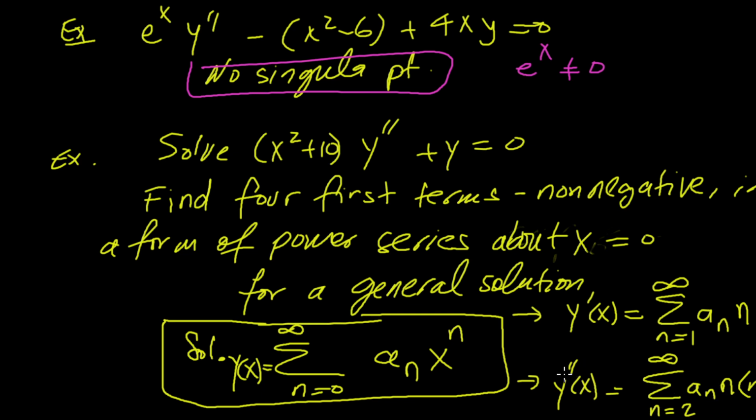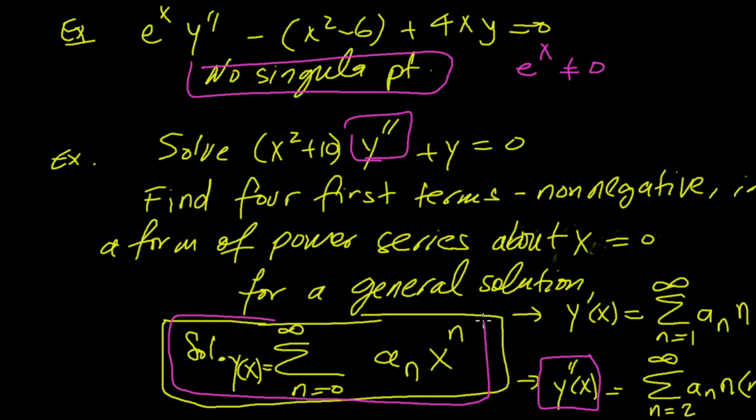Alright, so now just like we've done in our previous work, we will need to take this here and put it there, and take this here and put it there.